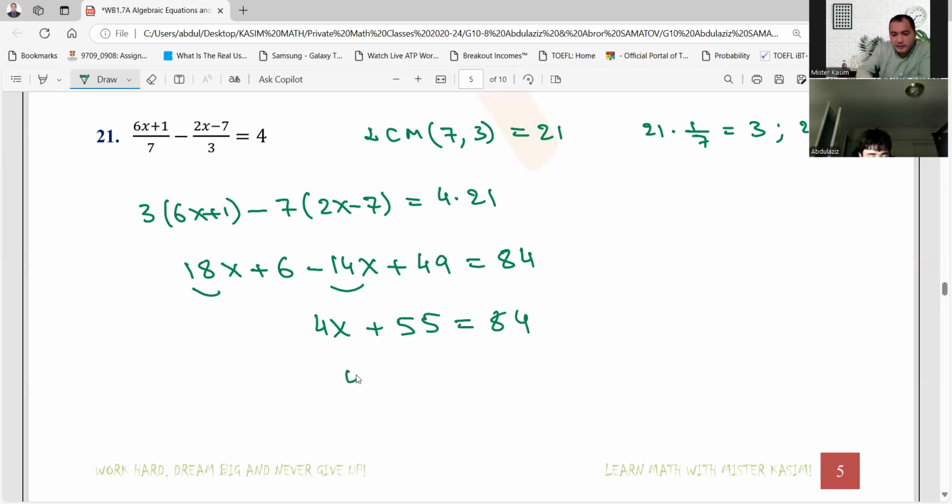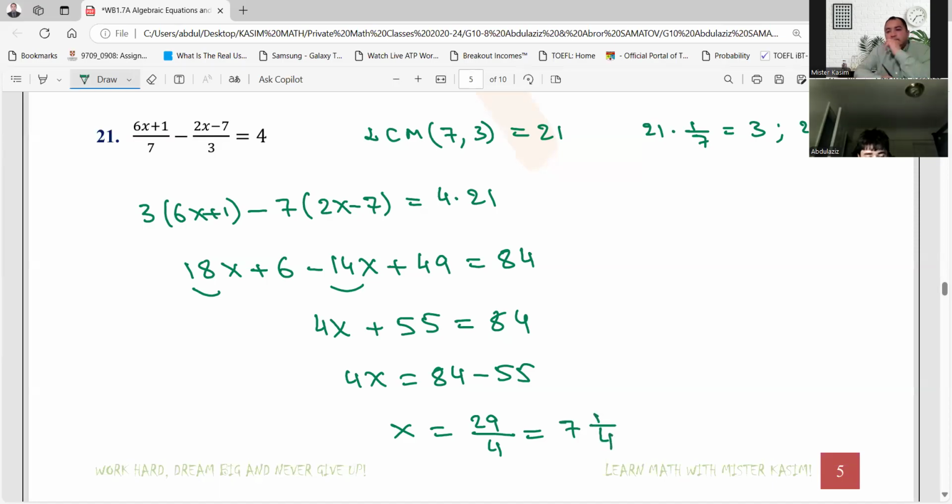Now we move to the right-hand side. 84 minus 55. What is 84 minus 55? 29. So x is equal to 29 divided by 4. 28 is divisible by 4, so that is 7 and 1 over 4, right? Okay, good.